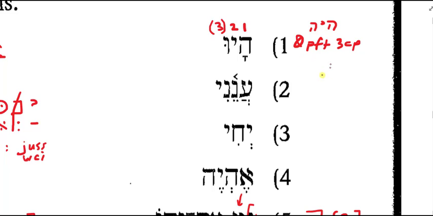Now, for number 2, let's take a look there. I have an ayin and a noon, and what looks like another noon here. I have to decide if that noon is part of my root structure. Is it one of the 3 root letters, or is maybe this the pronominal suffix ni that I've learned can be attached to verbs?